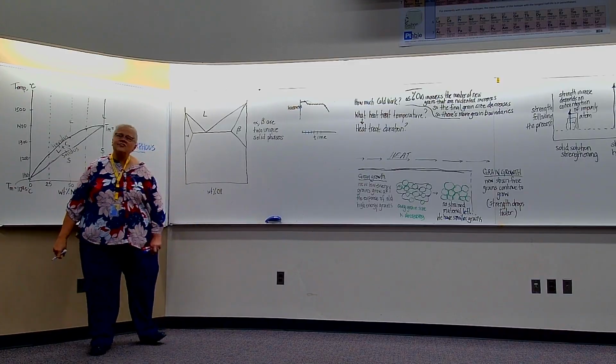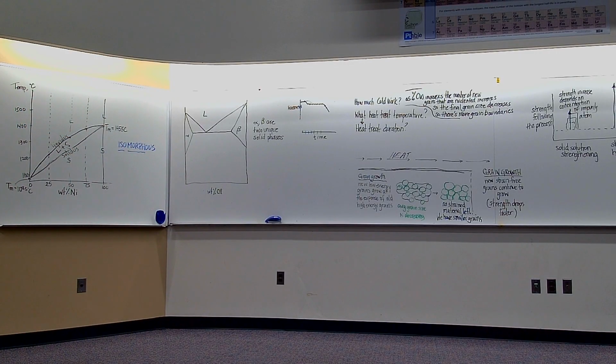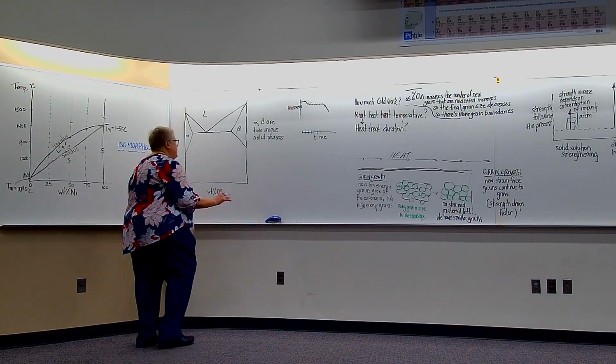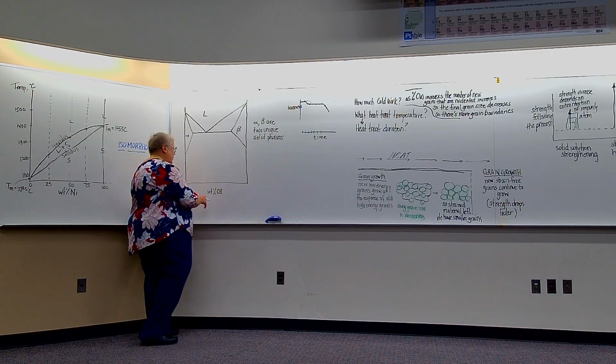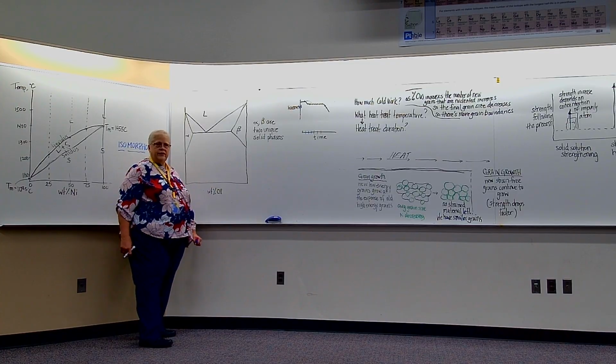They are not soluble in one another. So what did it take to be soluble? You had to have the same crystal structure, you had to have a similar radius, and similar valences. So these are not the same crystal structure, and they might not be the same as the others. Two unique solid phases. Alpha is rich in lexium, and beta is rich in olivium.